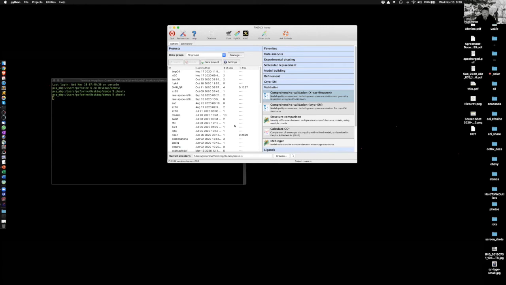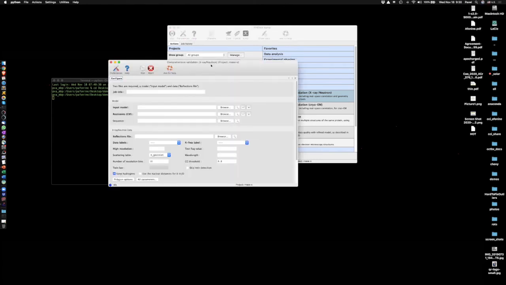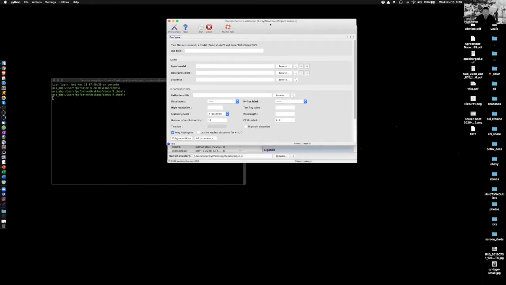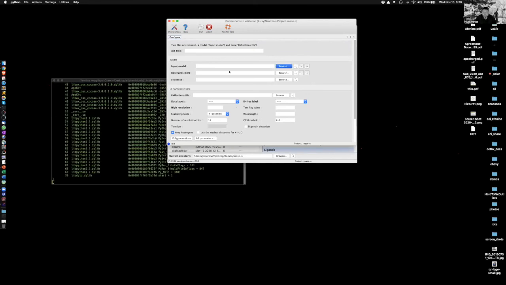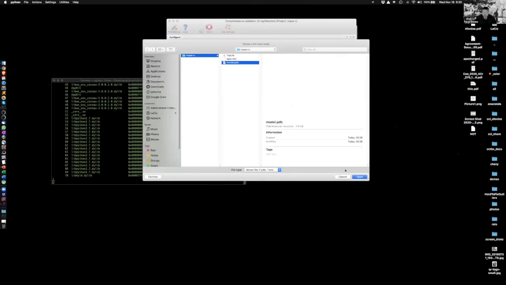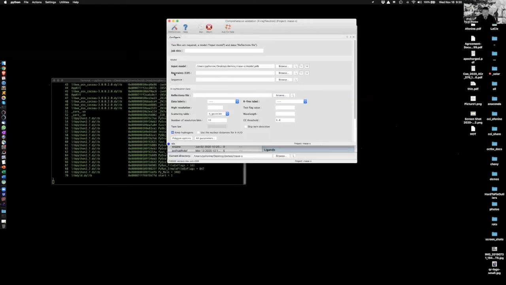So I click on that, and it will pop up the usual graphical interface, which asks you for a model. You give it a model, and it asks you for restraints if you have those. In this particular example, we don't have any.